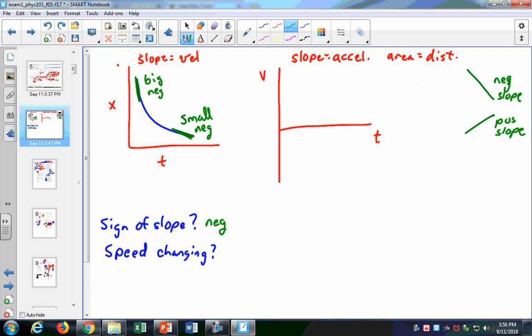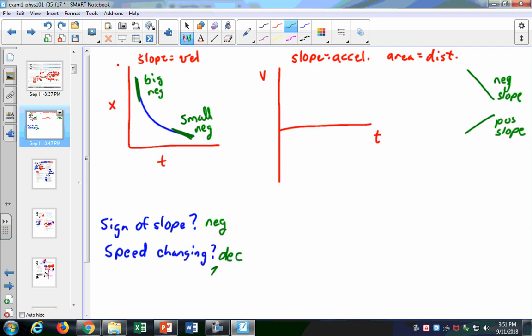Negative velocity does not mean it's slowing down. Negative velocity does not mean anything about how the velocity is changing. It just means it's in the negative direction. So it's either to the left or it's down, right? That's what the negative slope means. And then the changing speed says something about the acceleration. So the speed is decreasing.